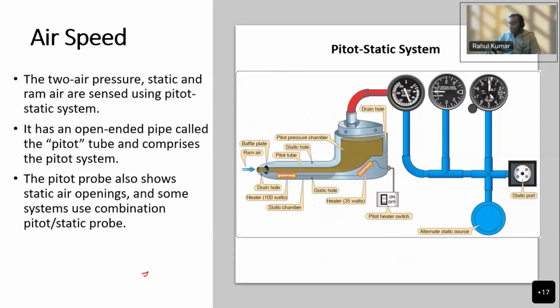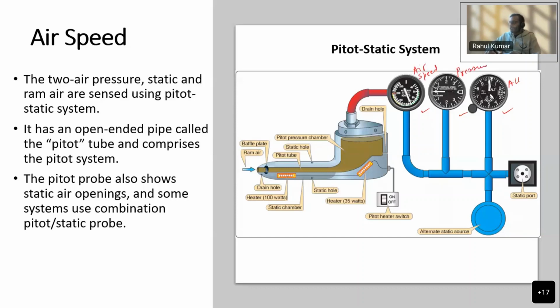Now, I have already discussed all these points. Basically, your indicators are used to measure the atmospheric pressure and the altitude. So this is your altimeter, and you have the airspeed indicator, and this is your atmospheric pressure, right?